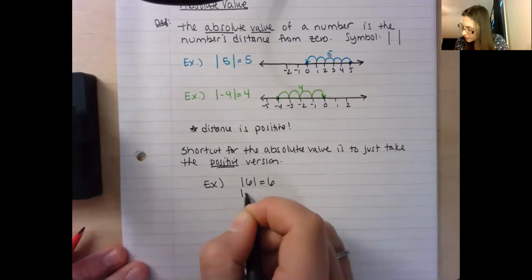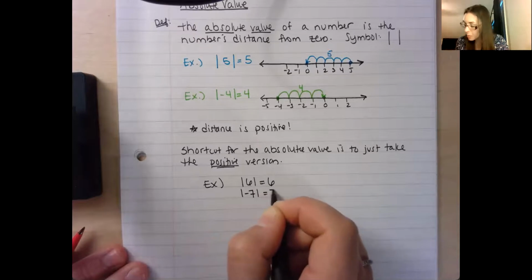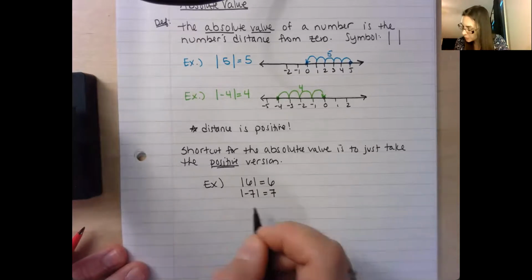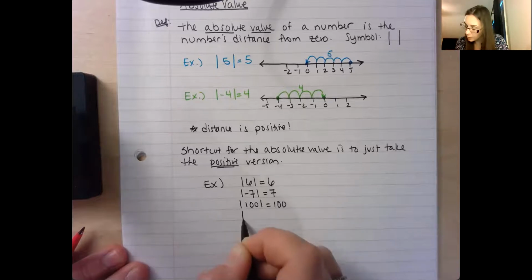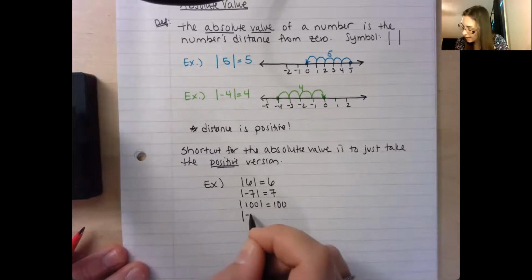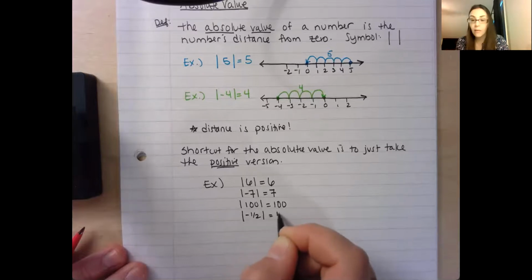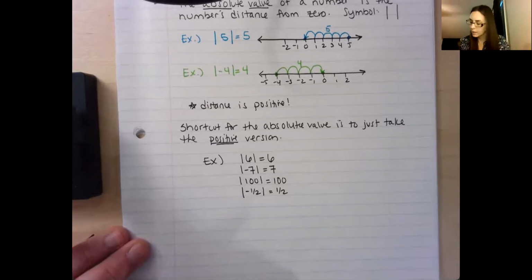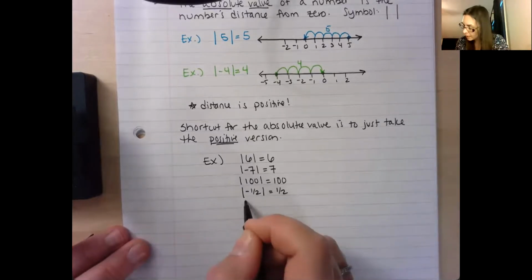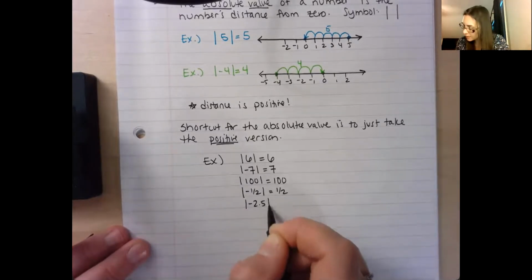The absolute value of -7 becomes +7. The absolute value of 100 is 100. The absolute value, I'm going to bring in a decimal here, of -1/2 is +1/2. So even with decimals or fractions, it's going to be the same definition. I just want to make that clear. So the absolute value of -2.5 would be +2.5.